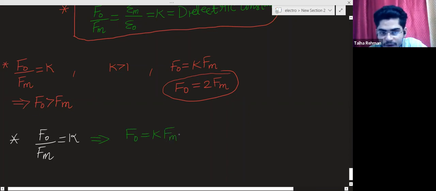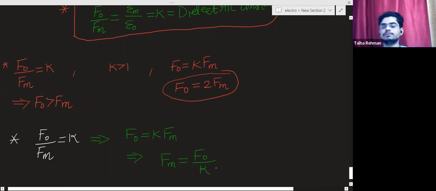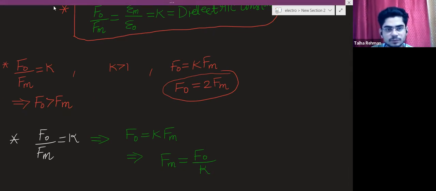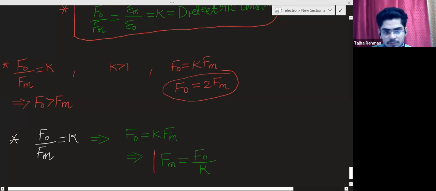And from here, if I want to calculate Fm, the force in medium, what do I need? I need force in air. Simply I will calculate the force in air and divide by the dielectric constant of that medium. We will get the answer. So this thing you should also remember.